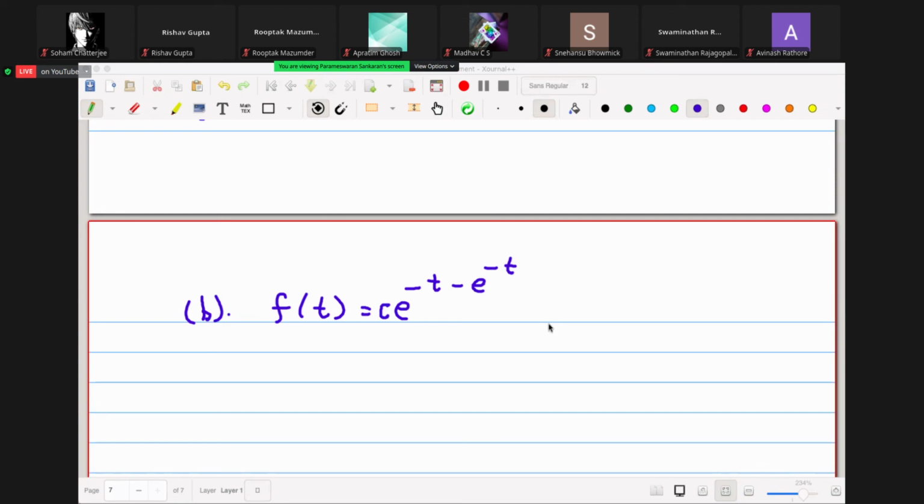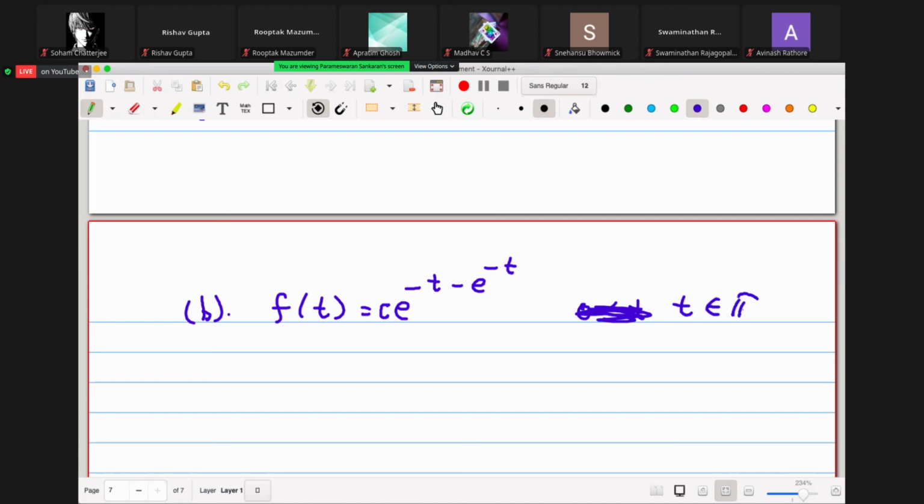So t goes from minus infinity. T is positive, I suppose. 0 less than or equal to t. Didn't pay attention. T is arbitrary.